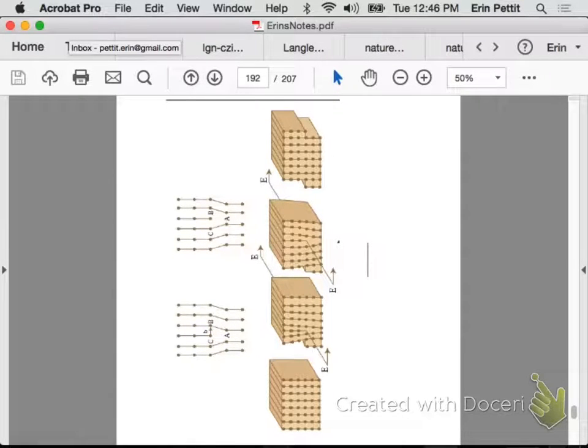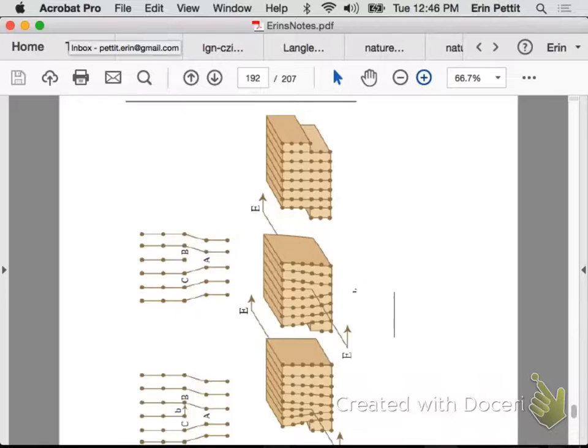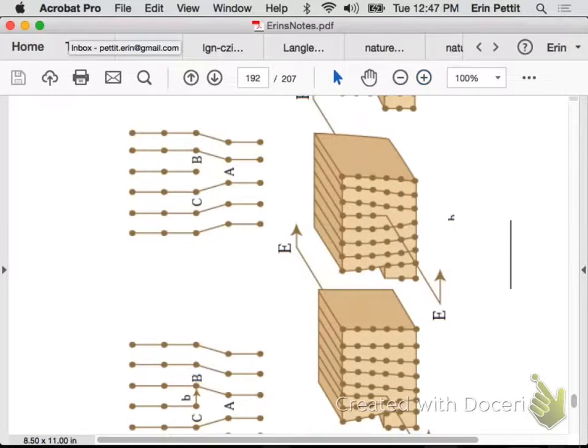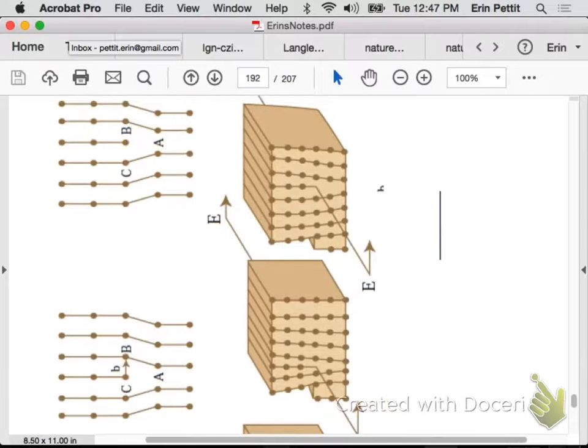But if you take this edge dislocation, it's mismatched here, it can actually move in this direction.